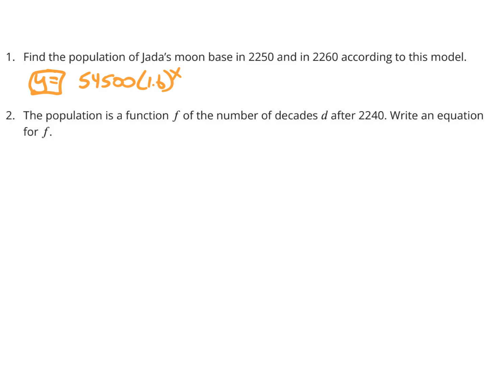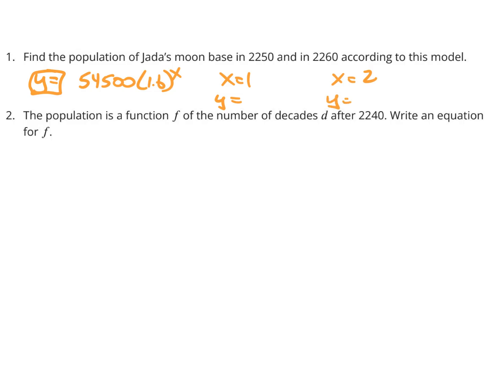When you get 1, so 1 stands for 1 decade. So when x equals 1, that's 1 decade, 10 years from 2240, what is y? And when x equals 2, which is 2 decades or 20 years from 2240, we get 2260.